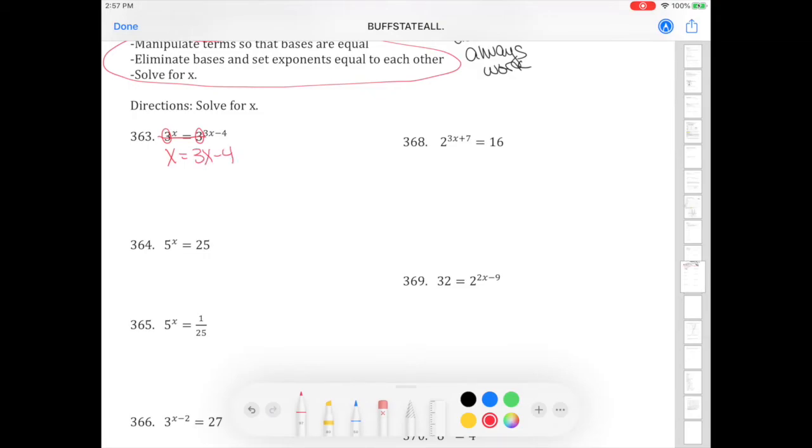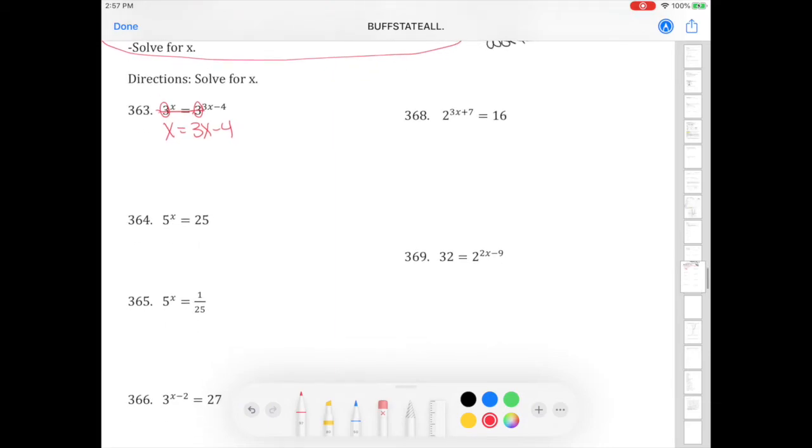And you bring down your exponents. So x equals 3x minus 4. The reason this is necessary is because when x is up in the exponent like that, you can't solve it until you bring it down. So this method of common bases, getting these two numbers to be identical to each other, ends up bringing them down. Once you do that, you just solve for x like you would solve any equation.